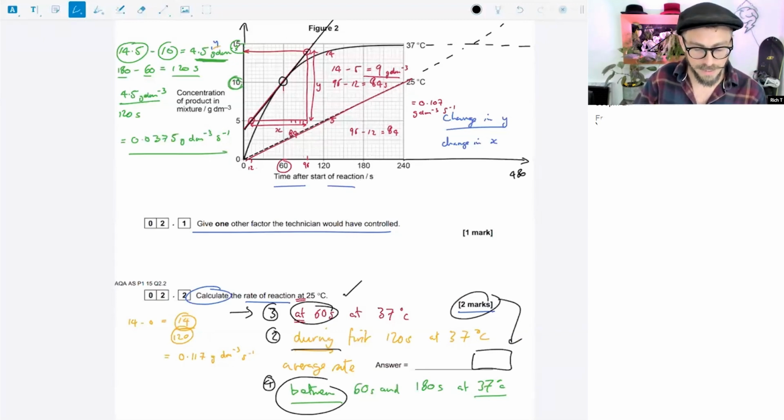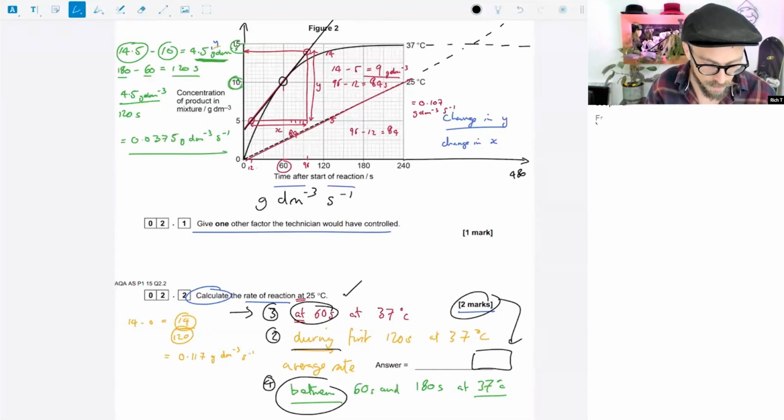That is another skill: we don't use slashes anymore. Like you see here, we've got slash seconds. If we're actually producing a rate at A level, they're going to look for grams per decimeter cubed per second. We use these negative indices to denote that. How many grams are made per decimeter cubed per second?